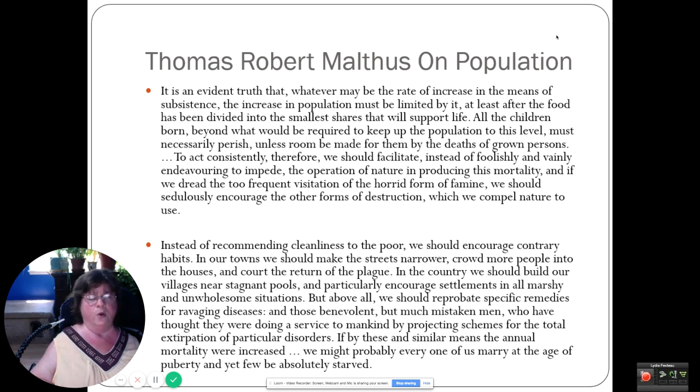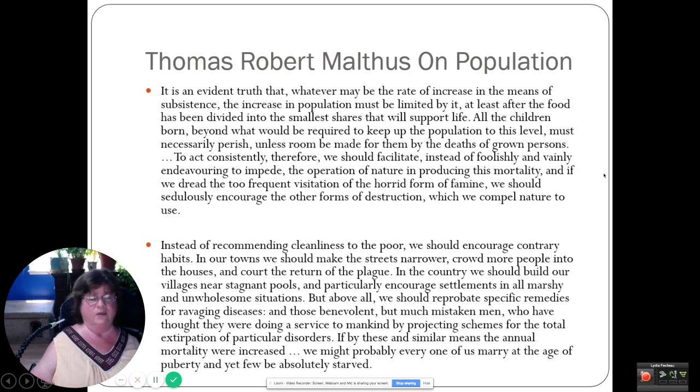But above all, we must appropriate specific remedies for ravaging diseases, and those benevolent but mistaken men who have thought they were going to do a service to mankind by projecting schemes for the total extinction of particular disorders. If by these and similar means the annual mortality were increased, we might probably, every one of us, marry at the age of puberty, and yet fewer be absolutely starved.